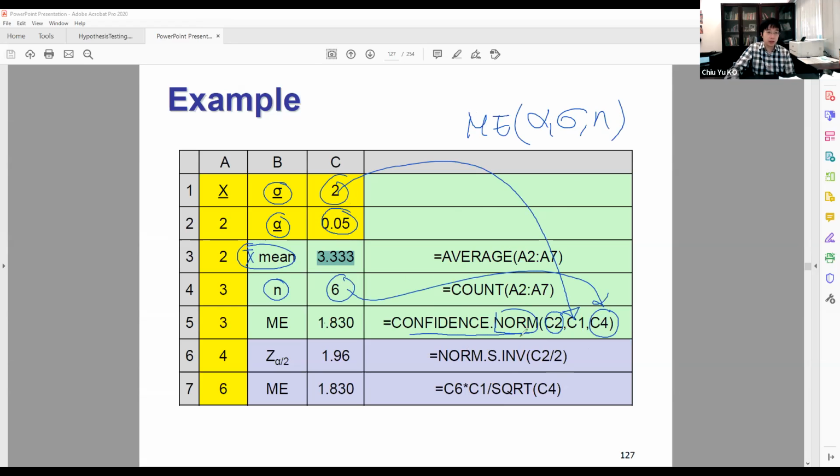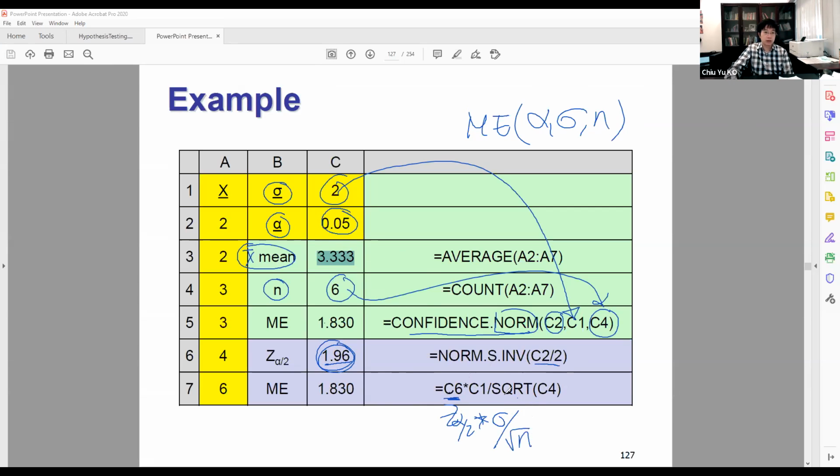So this gives you the margin of error. Confidence norm, okay? Of course, here we show you can directly do the calculation. You can do the 1.96, look at the C2, 0.025 standard normal, and then calculate this, and then multiply by z alpha over 2 times the sigma, which is C1, over root n, which is C4.